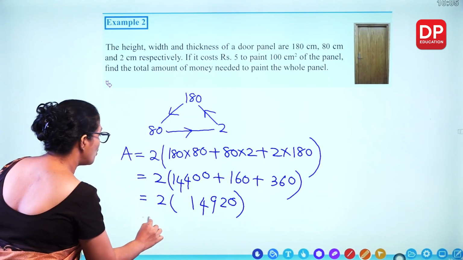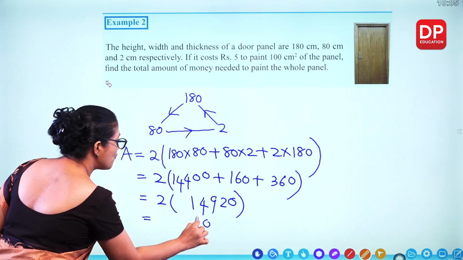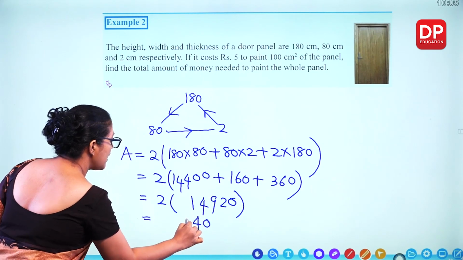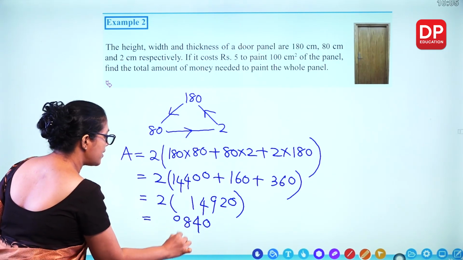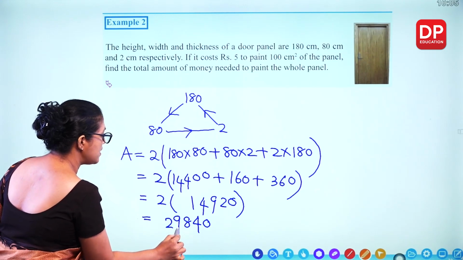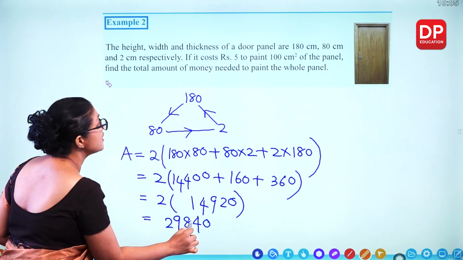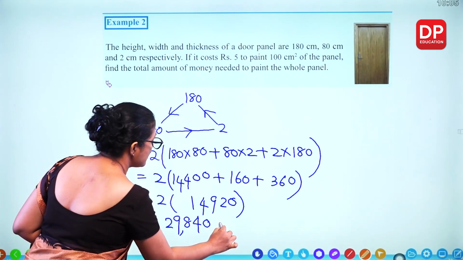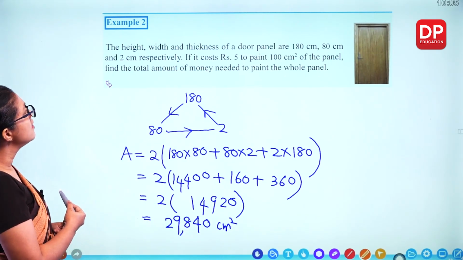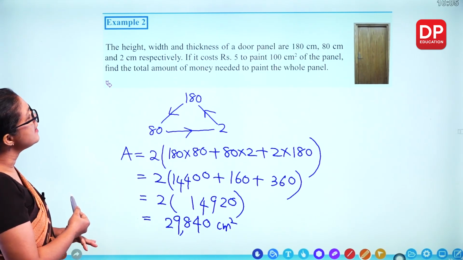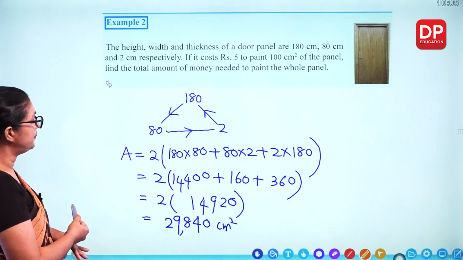Into 2, you get 29,840 square centimeters. And we need to find out the total amount of money needed to paint the whole panel.